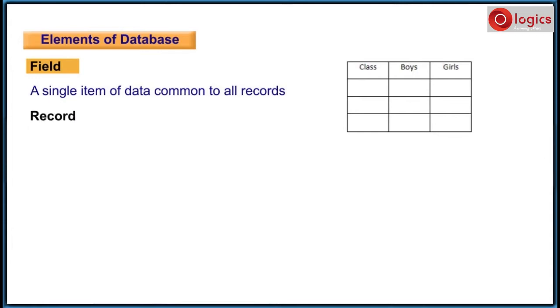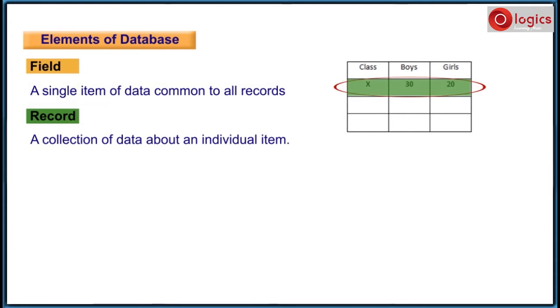Record. A record is a collection of data about an individual item. Here the example is class 10th, boys 30, girls 20. This record will give you the information that 10th class boys are 30 and girls are 20.